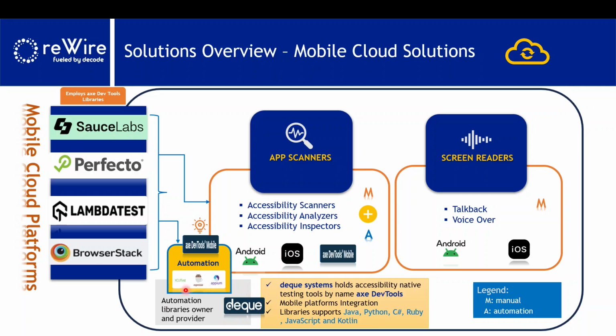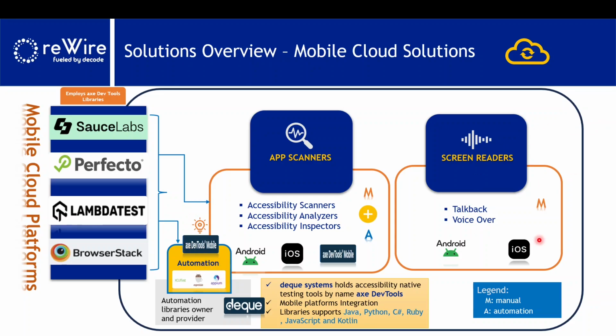At the same time, whatever libraries they have released to the open market, those libraries are being used by these platforms to bring their solutions to power up the accessibility evaluation. Okay, so that's the automation behind mobile app and mobile web.